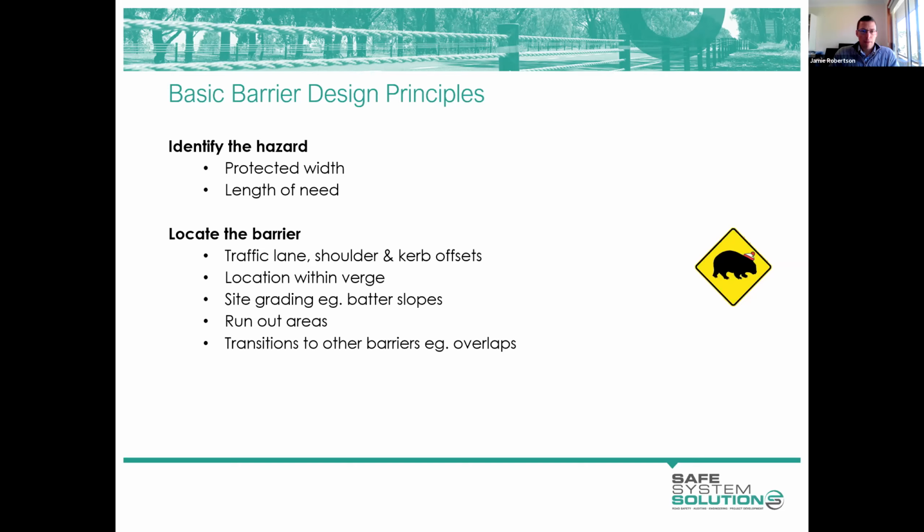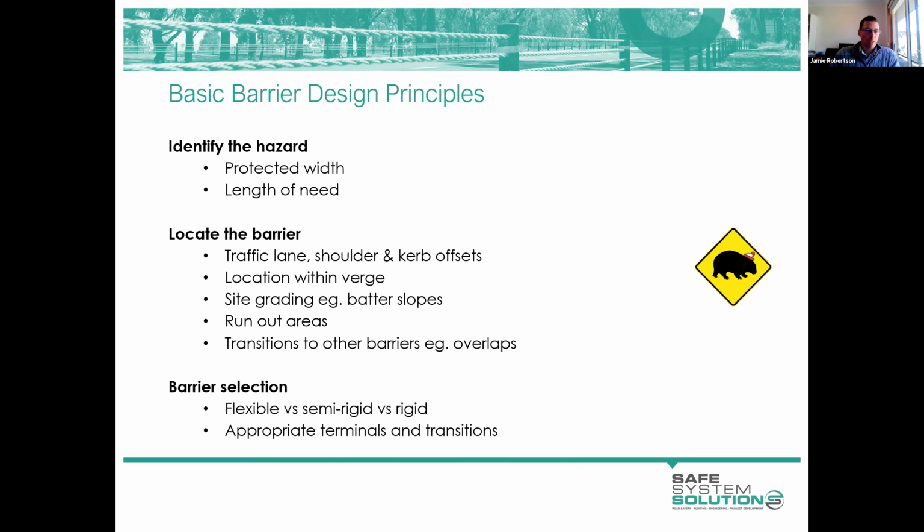You need to think about other things that are happening at the roadside. There might be existing barriers, or there might be other hazards that might warrant a different type of barrier that we need to transition to, and perhaps directly transition to or overlap with. So we need to think about all of these things in our roadside. And we need to choose a barrier.